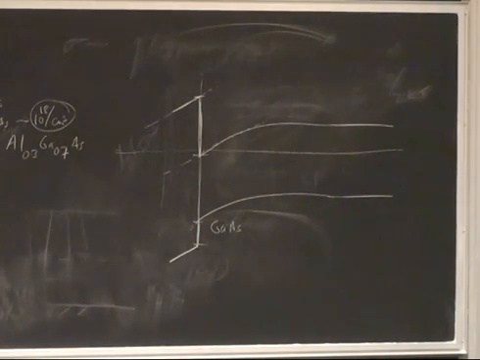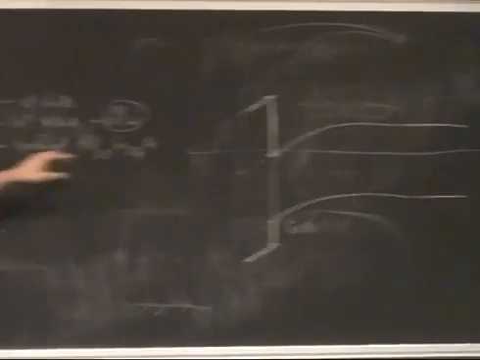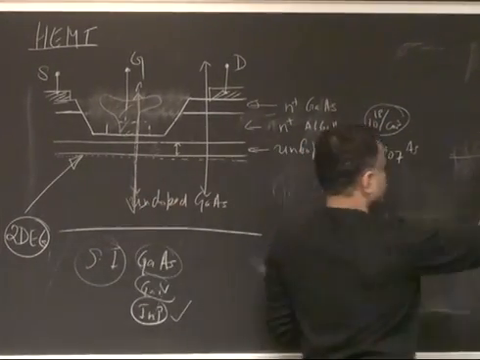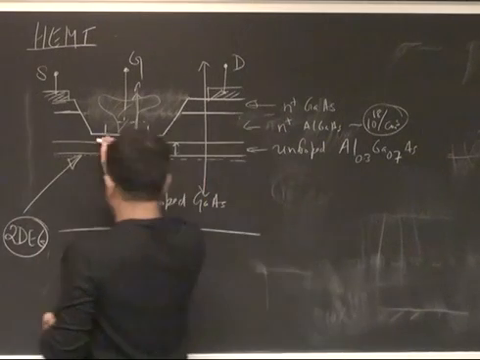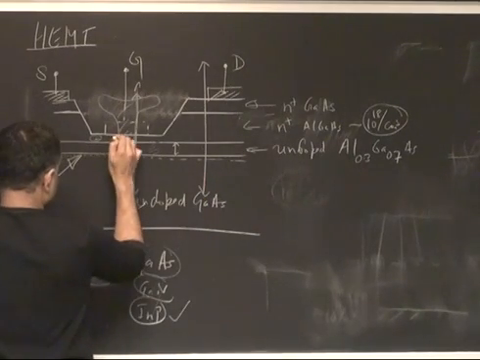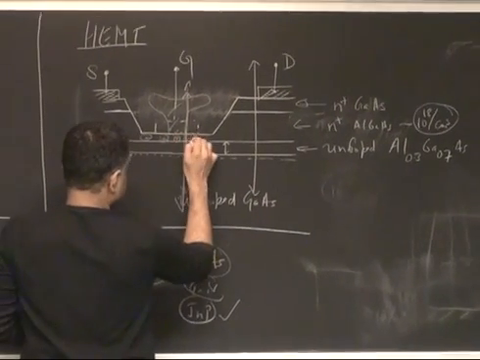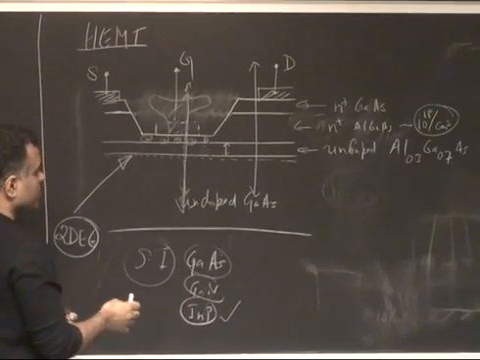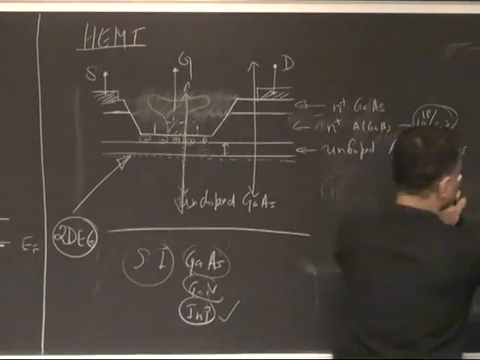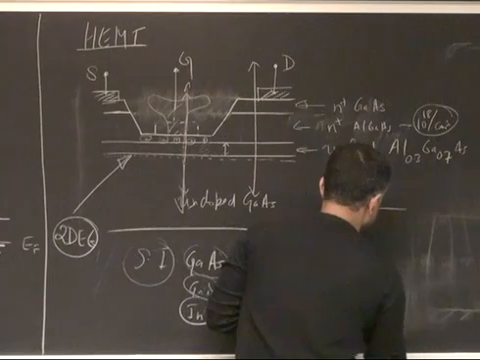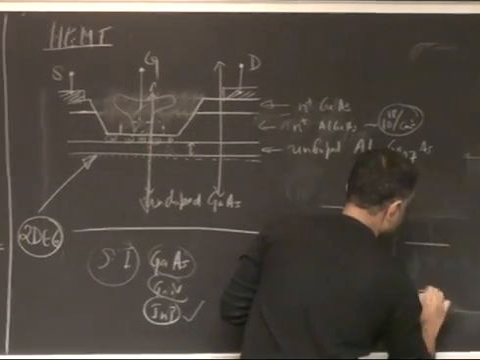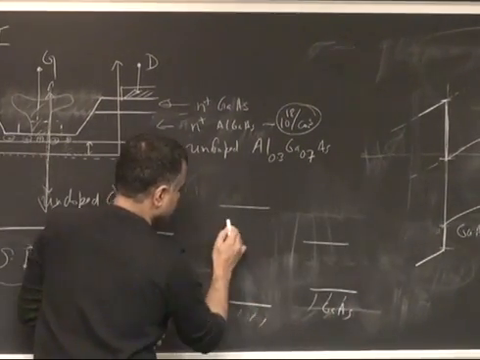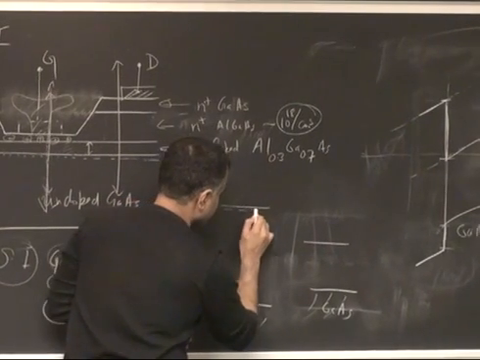And then you have the doped region here, 10 to the power 18, and this region will be depleted. Why is it depleted? Because these dopants had electrons in them, but before you put these two in a heterojunction together, if you look at it, you have AlGaAs, you have GaAs, conduction band, valence band, and the dopant levels are very shallow.